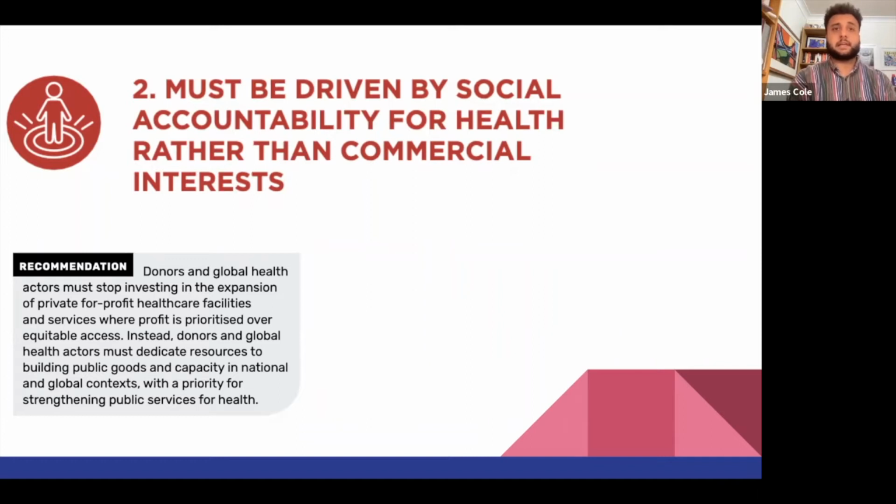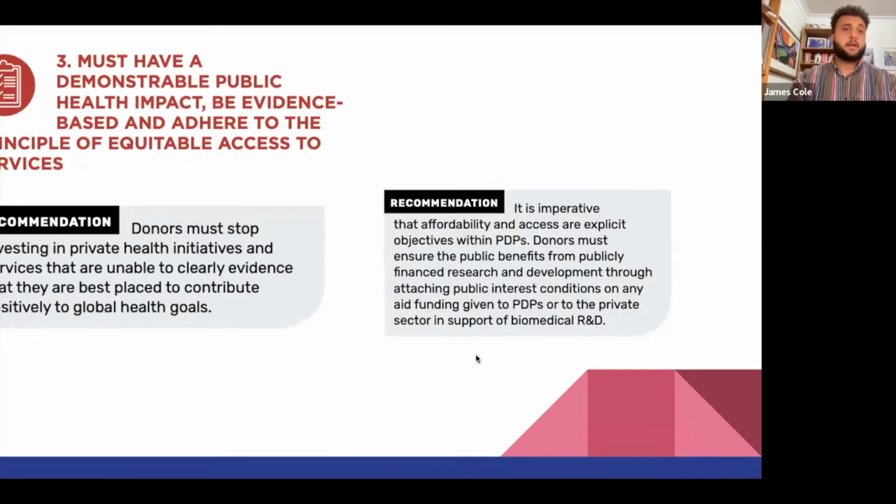So the vision instead, and what can be tangibly done, is to see donors and global health actors dedicate resources to building public goods and capacity in national and global context, with a priority for strengthening public services for health.